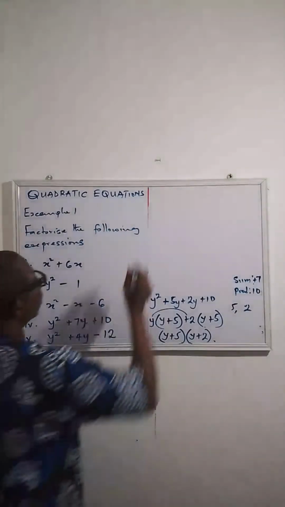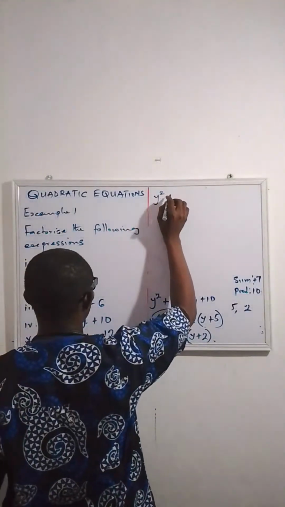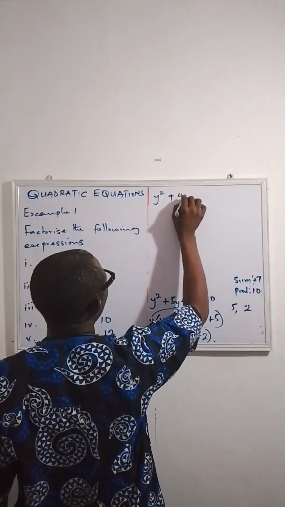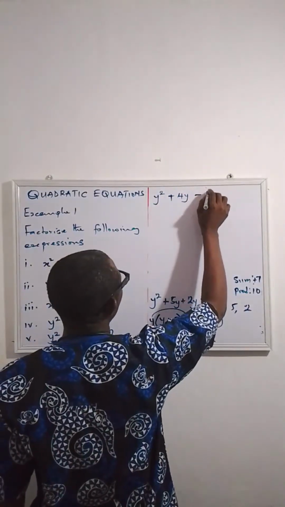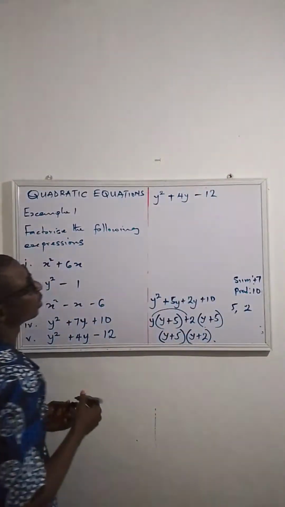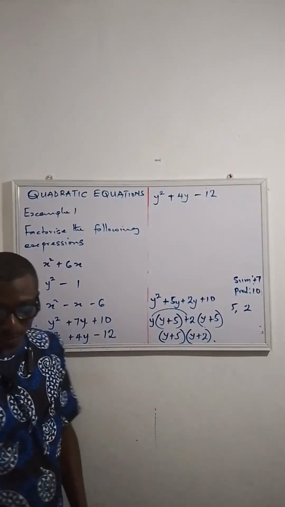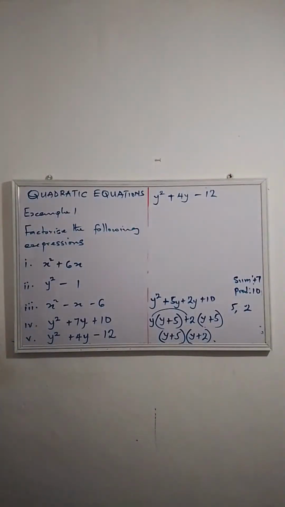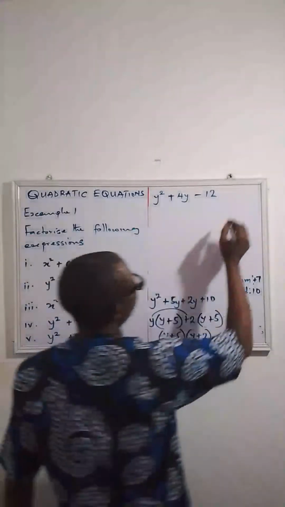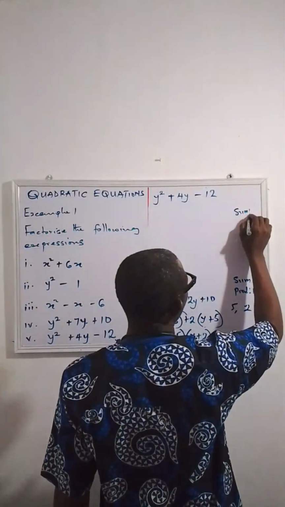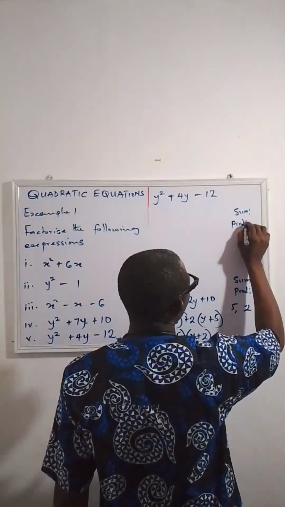We have y squared plus 4y minus 12. Okay, so this is the quadratic expression. We have to factorize this. Now we need to identify our sum and product. I want to believe every one of you can do that now.